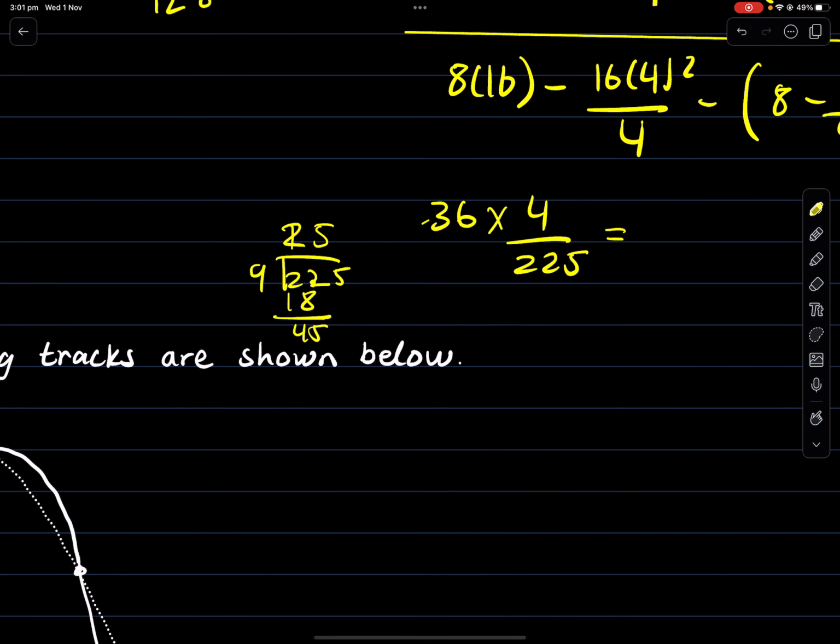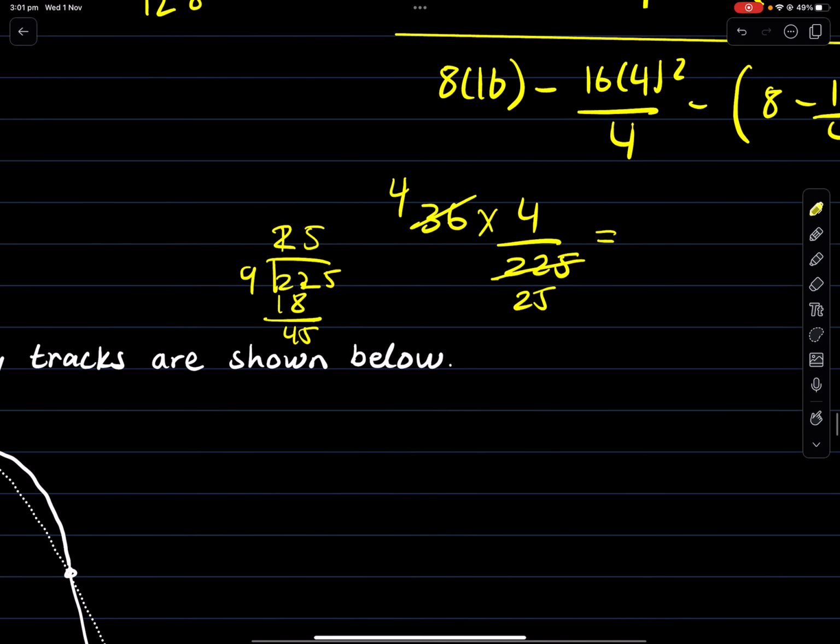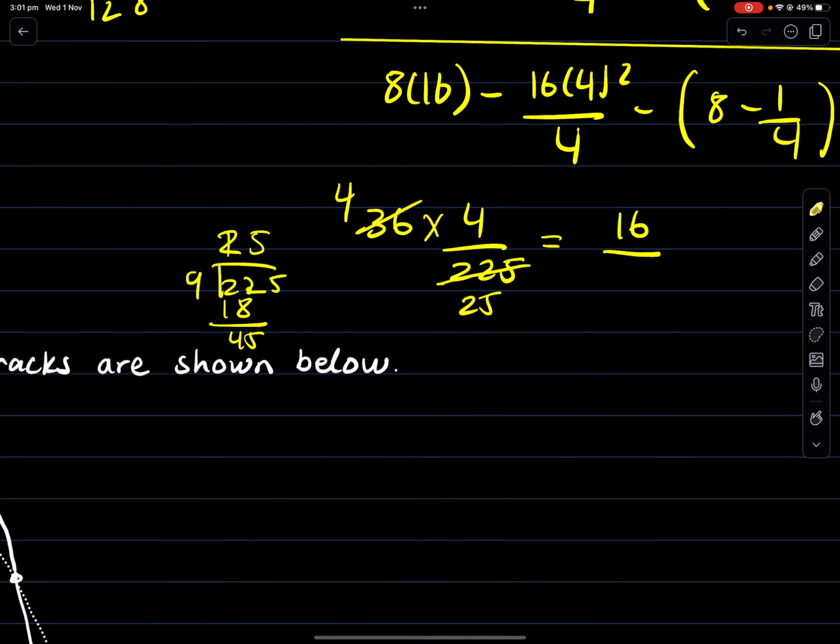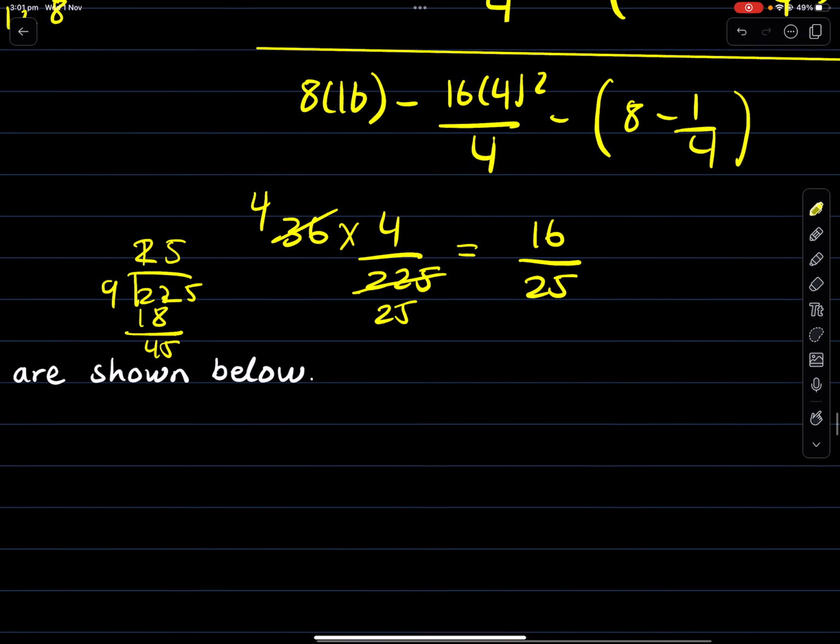How many 9s go into 36? 4. So 4 times 4, 16 over 25.